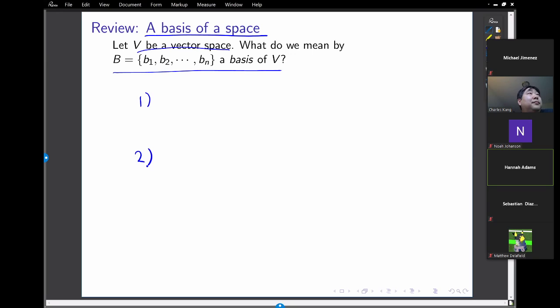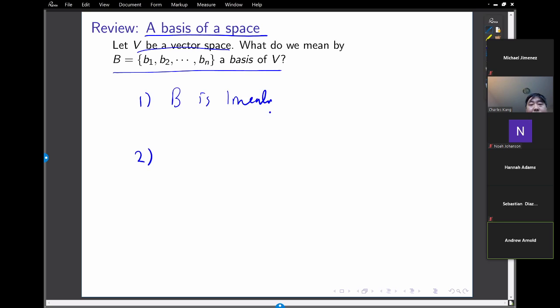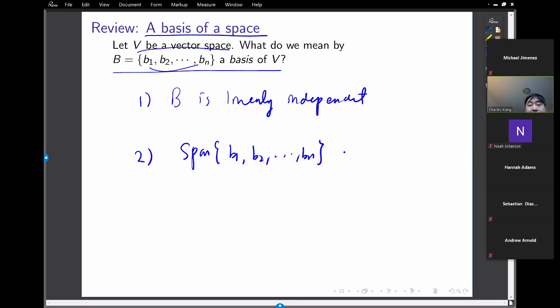So that means that B is linearly independent, and there's one other condition about it covering all of the vectors, the span. The span of these vectors B1, B2 up to Bn becomes V, okay?